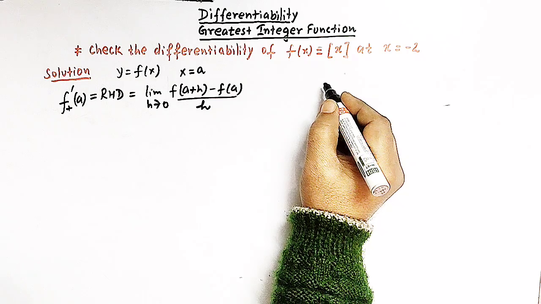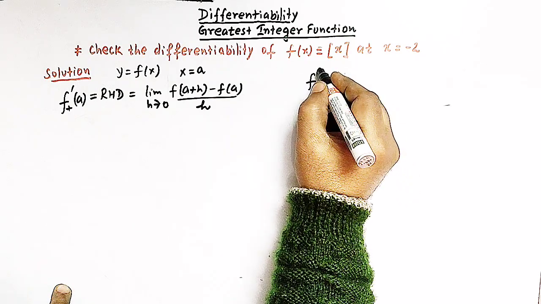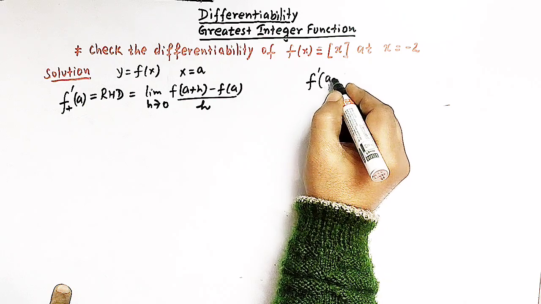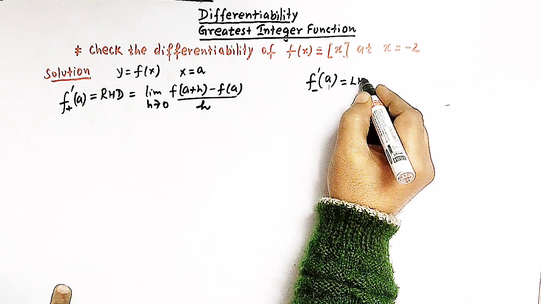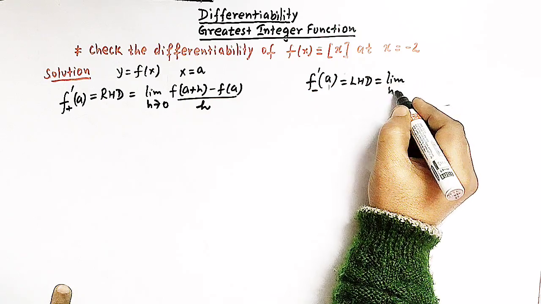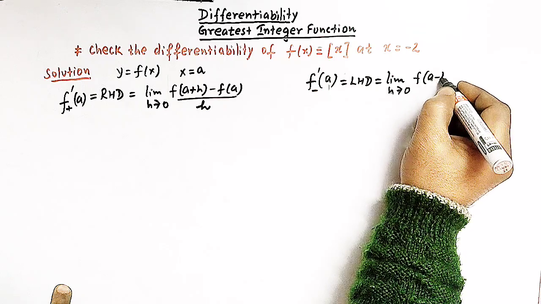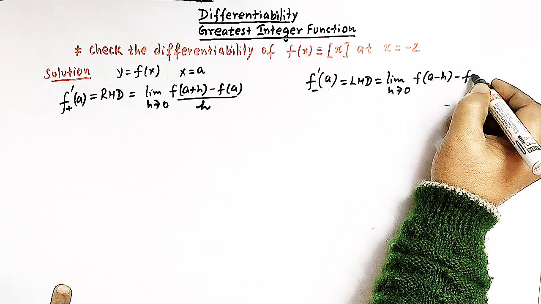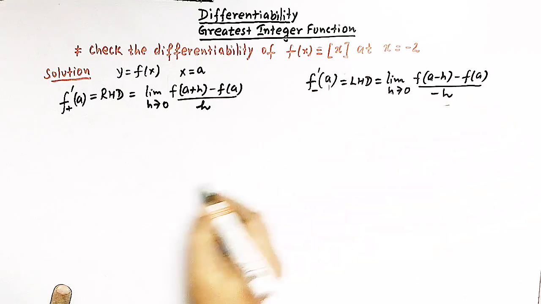Similarly we can define the left hand derivative, f prime a with a negative sign, by the limit h tends to 0 of f of a minus h minus f of a divided by minus h.